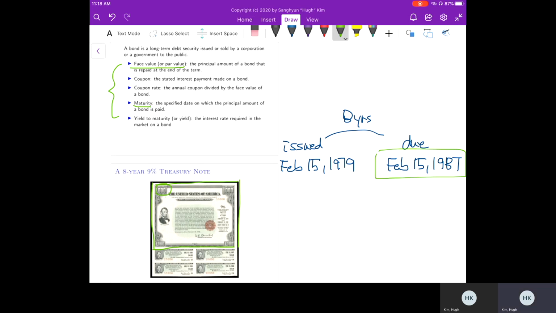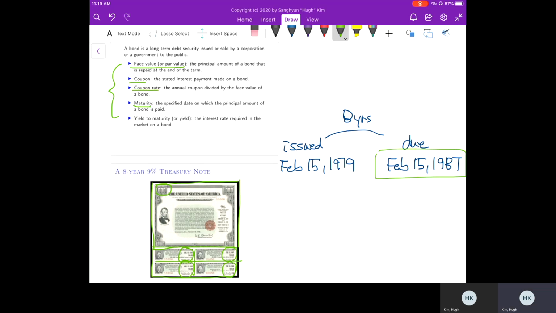In the meantime, the bond pays interest, which is a coupon. So here are the coupons that are attached to the bond. A coupon is a stated interest payment made on a bond. On February 15th and August 15th, it pays $45, which is a coupon.